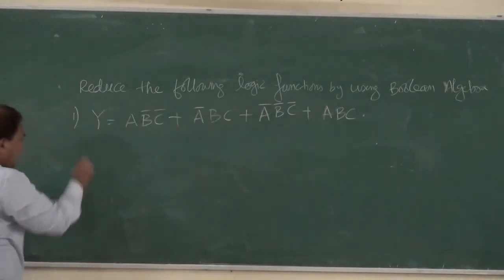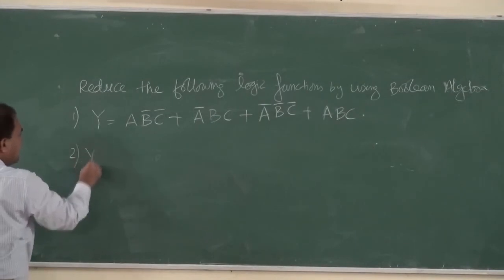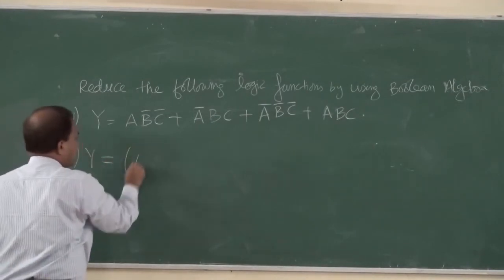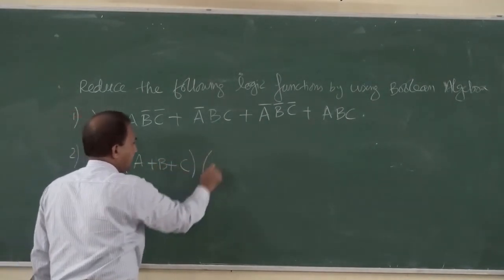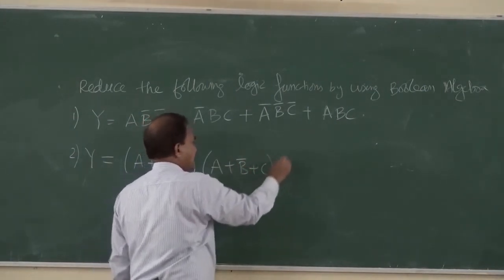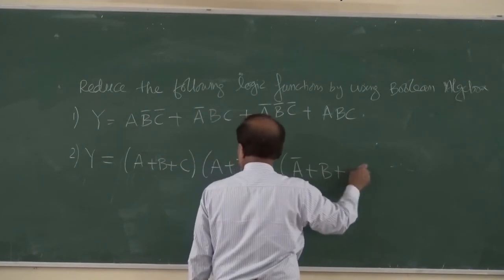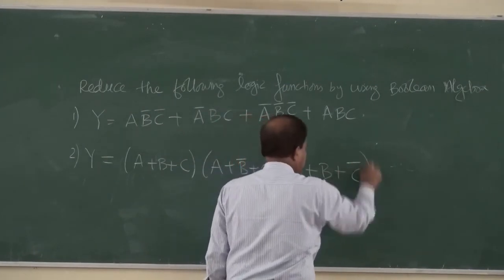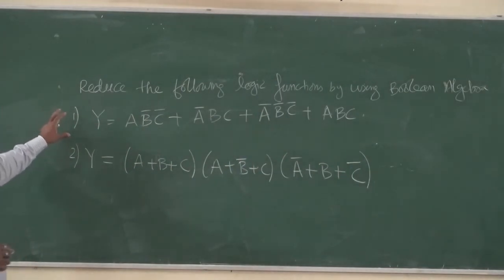This is the first Boolean expression. Then second, Y is equal to A plus B plus C into A plus B dash plus C into A dash plus B plus C dash. Try to reduce these two Boolean expressions by using Boolean algebra.